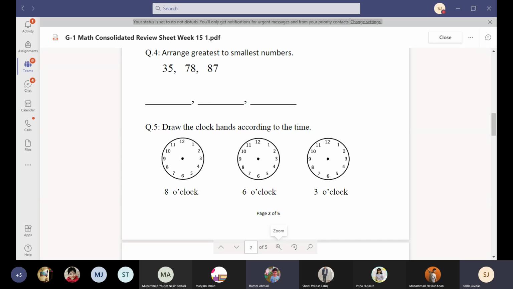Everyone started the work. Okay, on your cameras, and let's start the work.